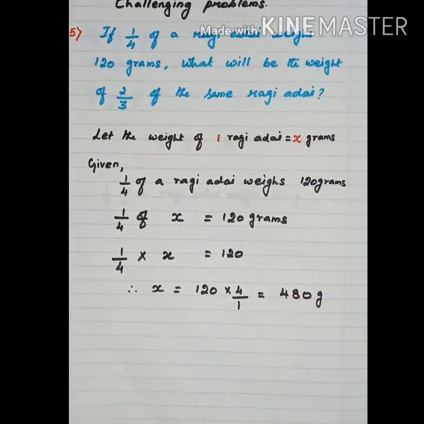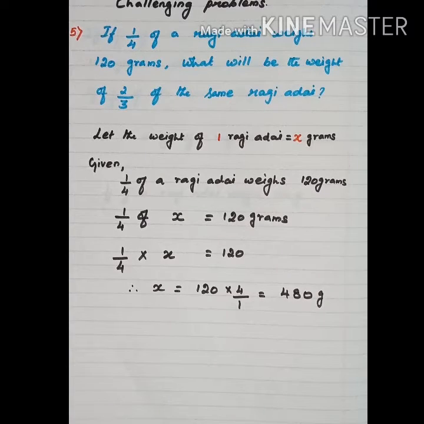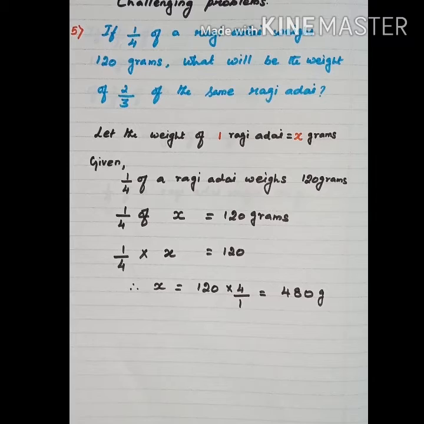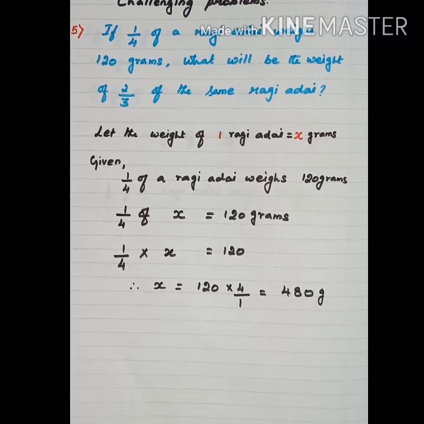Therefore, weight of one ragi adai is equal to 480 grams.